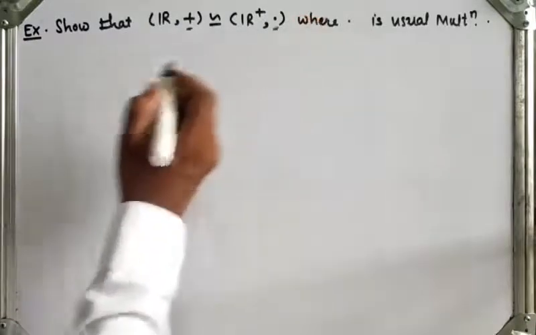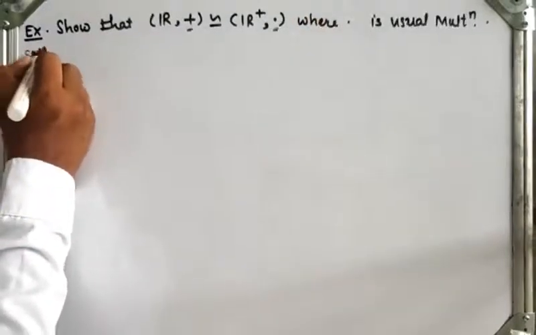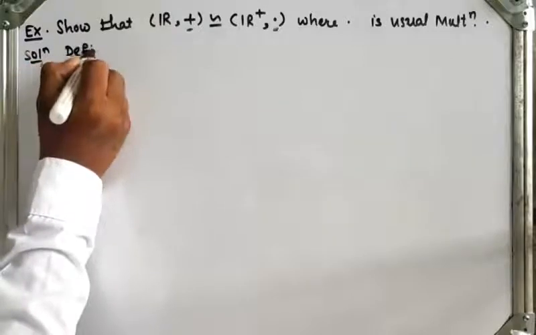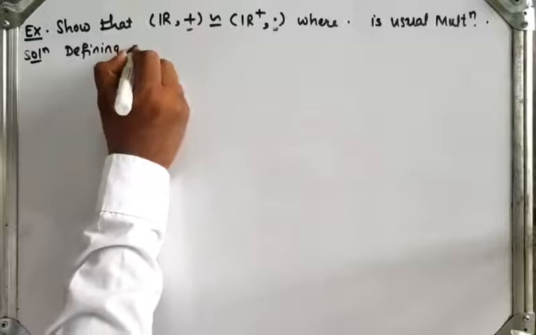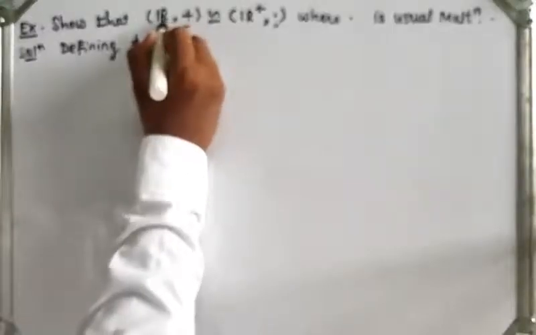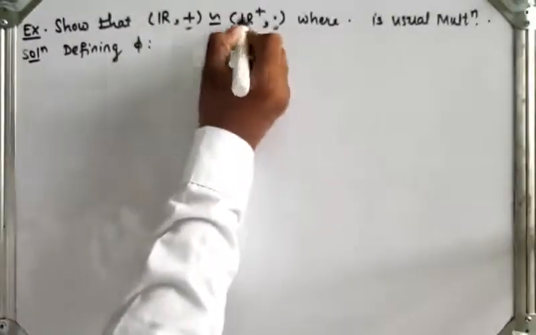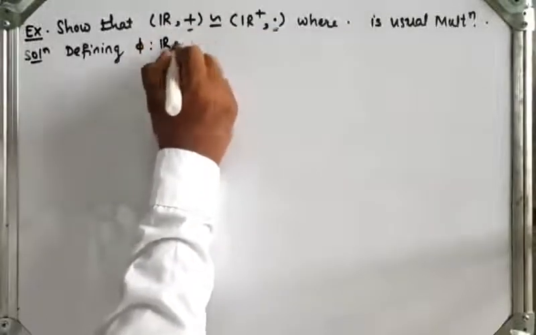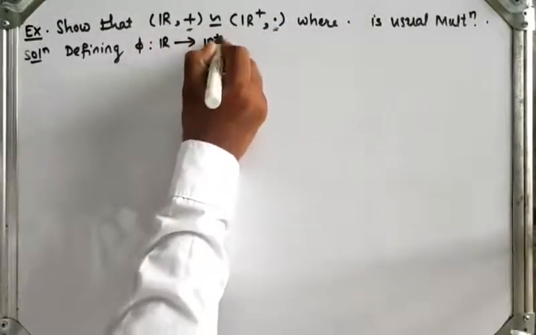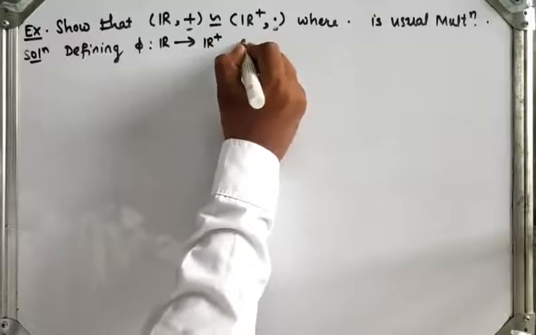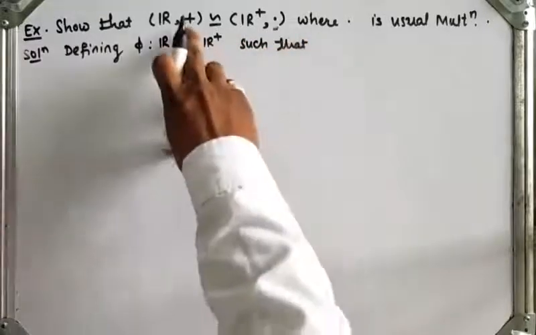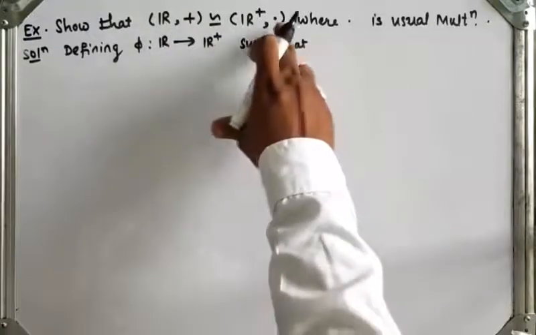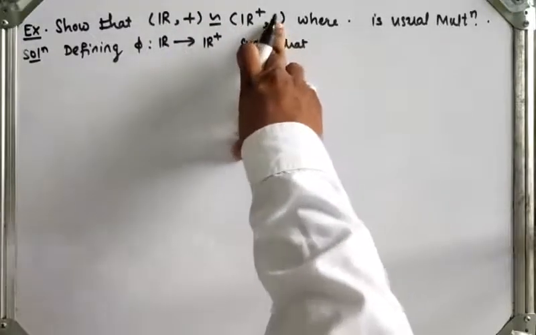So, solution: defining function phi from real numbers R to R plus, such that, how to define it, here the binary operation is addition and here it is multiplication.